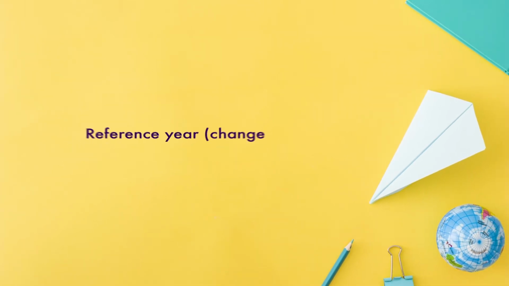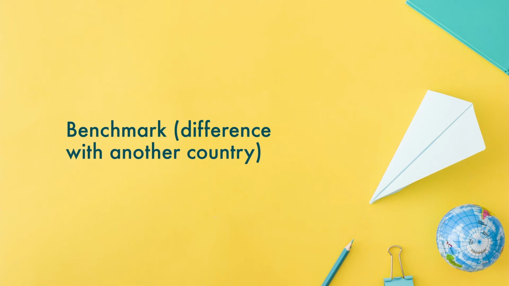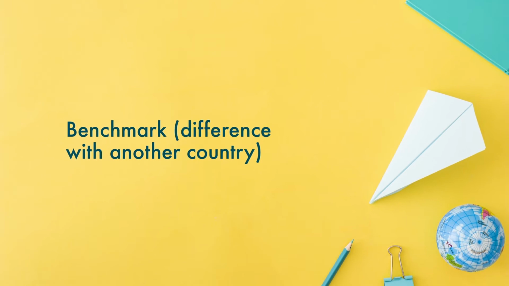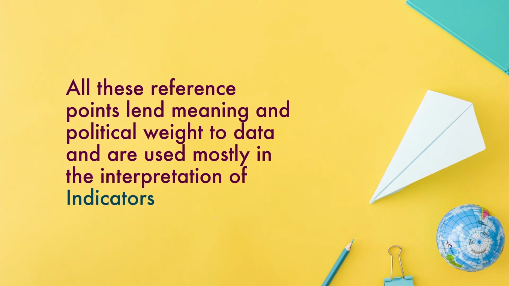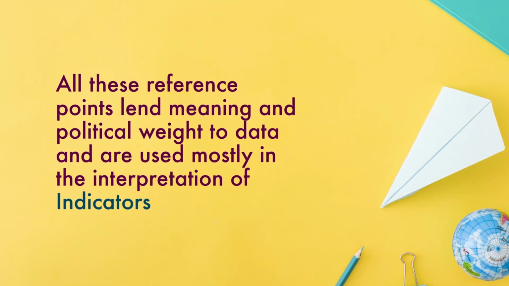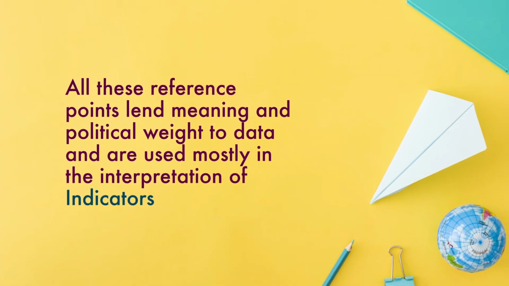And a reference may be a year, change in time. Or a benchmark can be used as a reference when we differentiate among different countries. So all these reference points lend meaning and political weight to data and are used mostly in the interpretation of indicators.